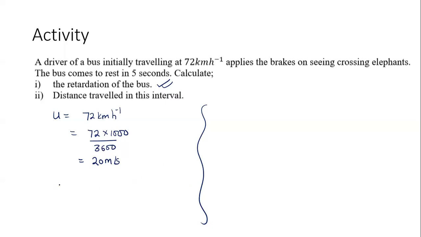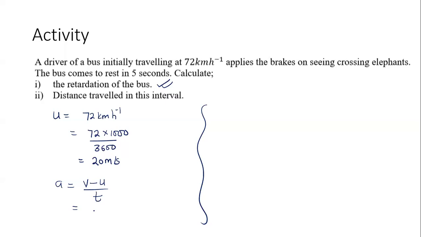So we say a is equivalent to final velocity minus the initial, divided by t. So our final is unknown.